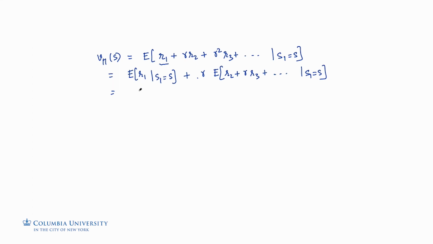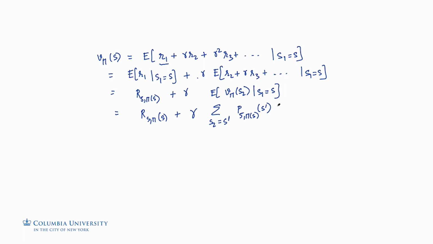Now the first term here is nothing but the expected reward in the first round given the policy pi and state being S, so that's R of S, pi of S. And the second term is in fact the expected value function in state S2 given that S1 is S. Now, since we know the distribution of S2, it's given by the transition probability matrix P, we can also write this as: for all possible values of S2, the probability of the second state being S2 is given by the transition probability matrix, times the value of policy pi in that state.